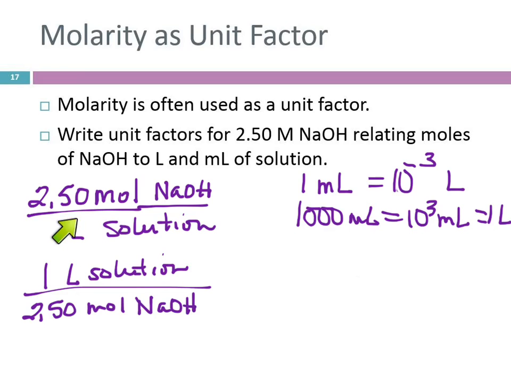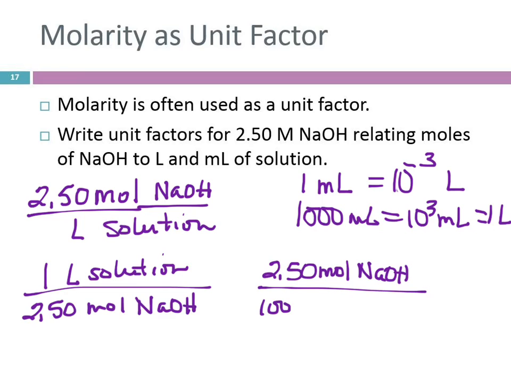So then for this guy right here, instead of liters down here, I could write 1,000 milliliters, 2.50 moles of sodium hydroxide. Yeah, I got the right compound that time. Per 1,000 milliliters of solution.